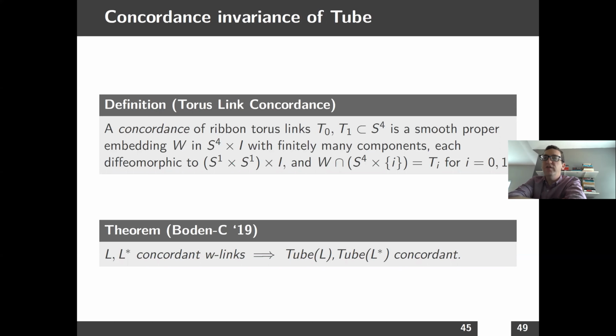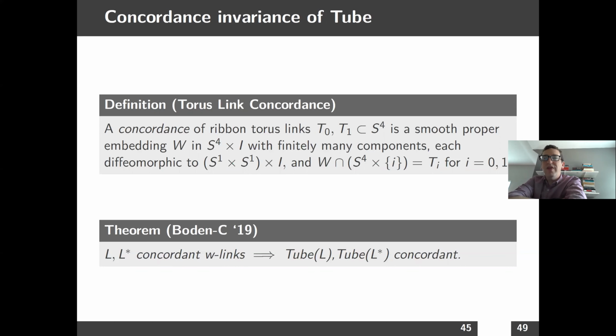So it's the same definition that you have for classical link concordance. It's just that the manifold in between T0 and T1 is S1 times S1 times I rather than just the annulus S1 times I.